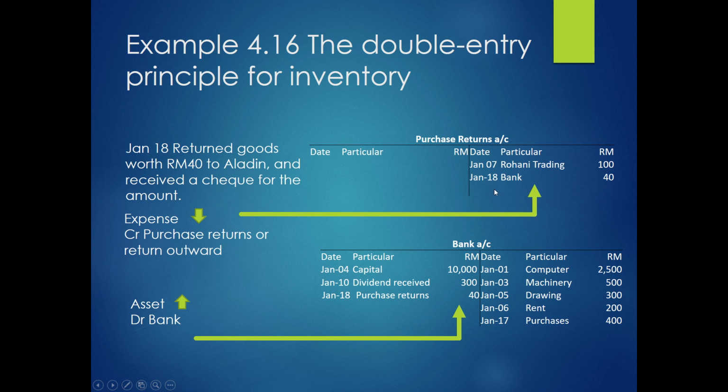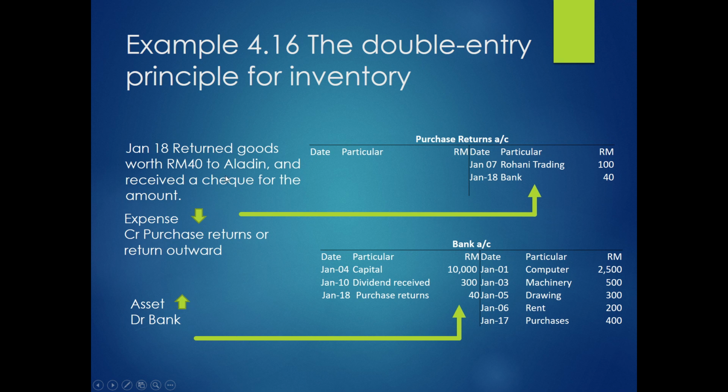The date is January 18 and the particular is bank. Okay. Since when the business return the good, the business get back the amount by check. Okay, next effect is asset increase, which is bank increase.